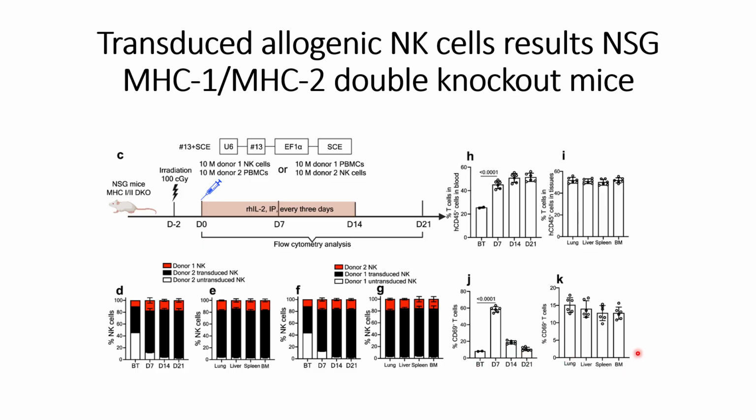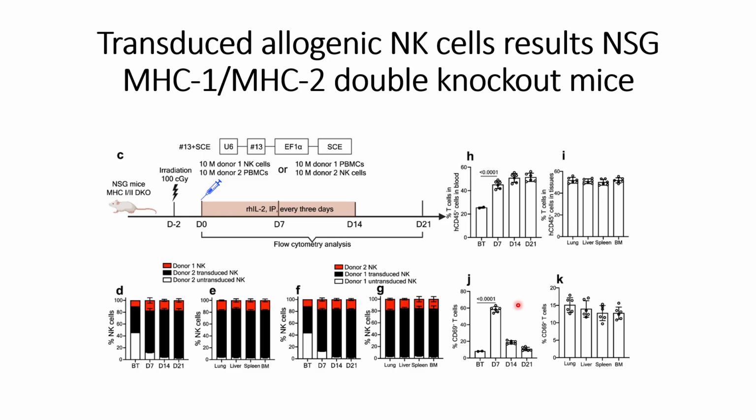When they checked the activation of T cells in the different tissues, they saw a similar amount of activated T cells, around 15%. One reason could be that untransduced NK cells might not have reached that site, and even before that they are being cleared off by these activated CD45 plus T cells.